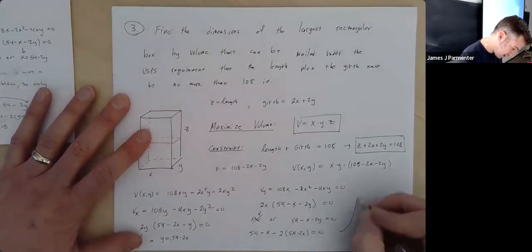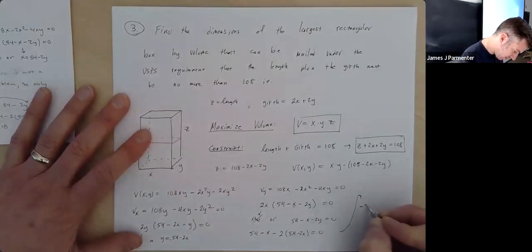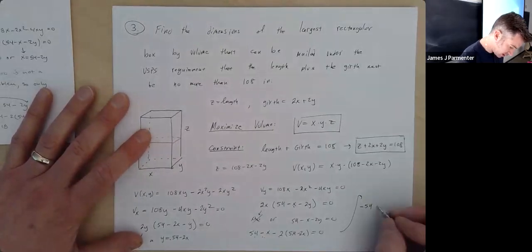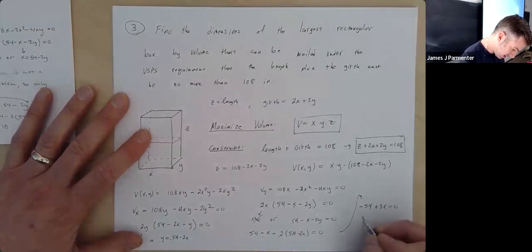So we end up with negative 54, and the negative x, minus 2 times minus 2x is a plus 4x, so the negative x plus 4x is a plus 3x equal to 0. So 3x equals 54, or x equals 18.